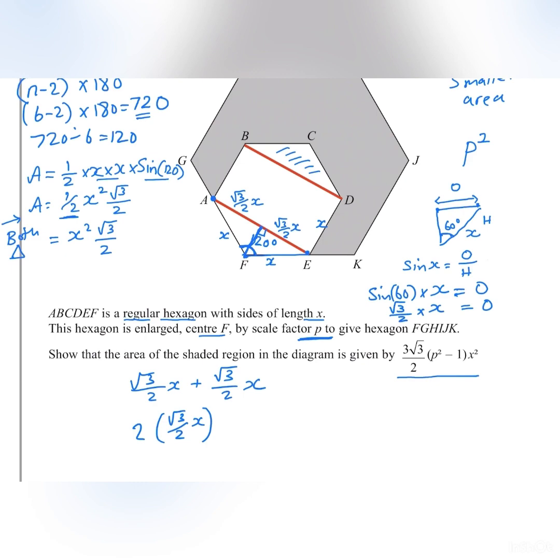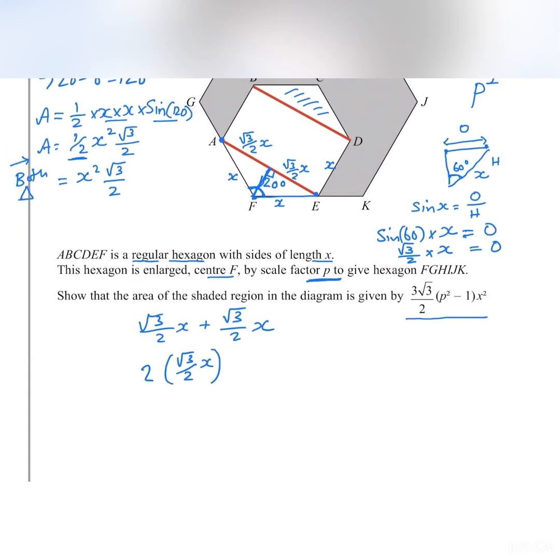If we simplify this, times it by 2, this 2 would cancel with that one, so we're left with root 3 x. So for the rectangle that we have, one side is x and the other is root 3 x.